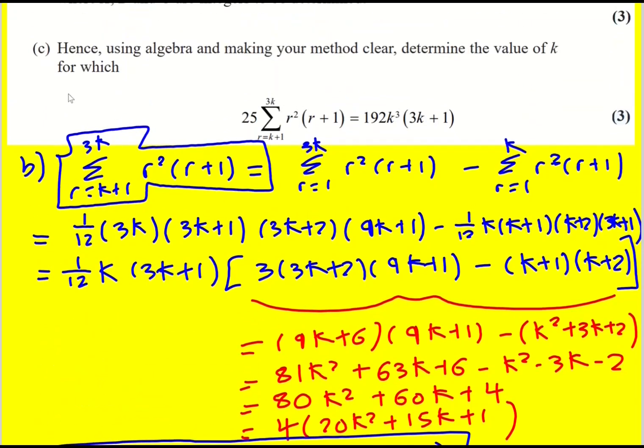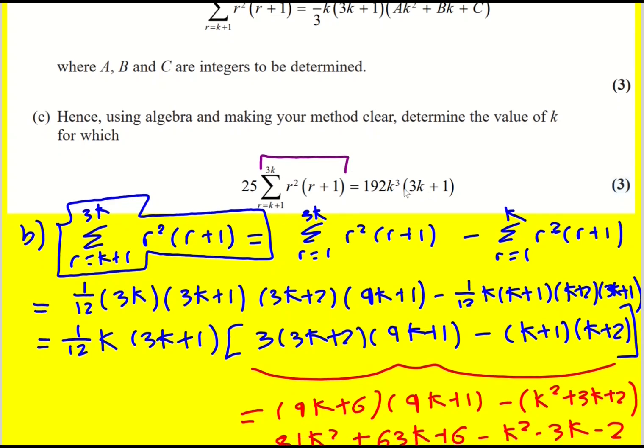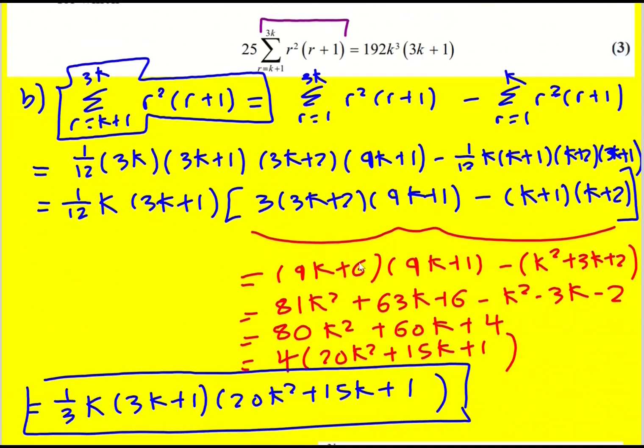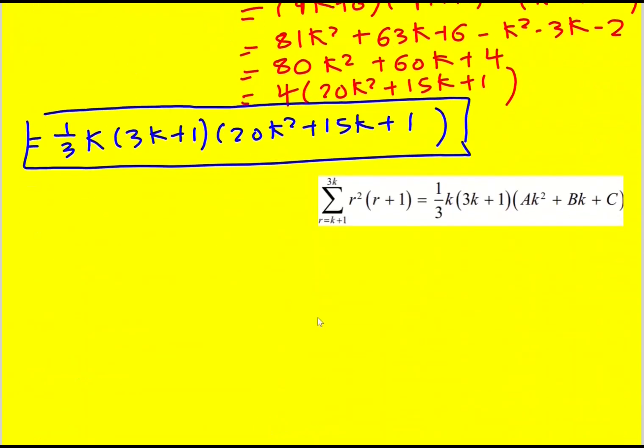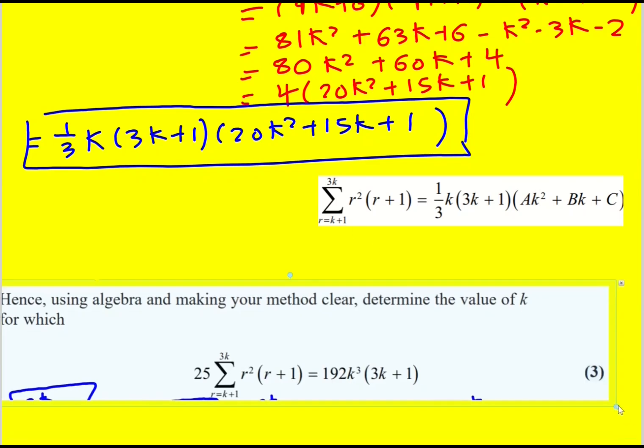And the final part: hence use algebra, making your method clear, to determine the value of k for which this is true. Now we've already worked out this term, apart from the 25, so I can just times my answer by 25 and set it equal to the right-hand side. Let's do it. Remember, we're solving for k being a positive integer. It's inside this summation notation, it has to be.